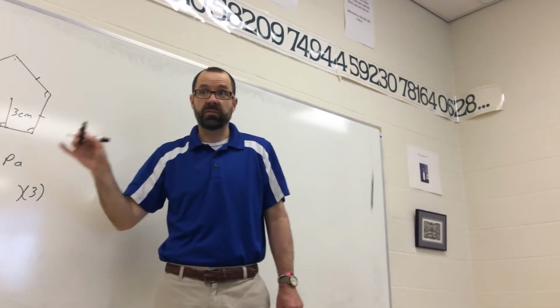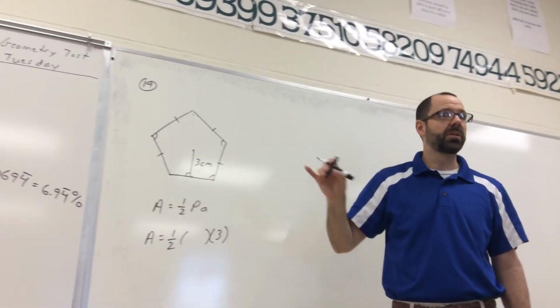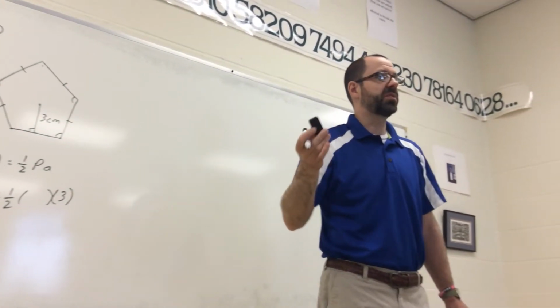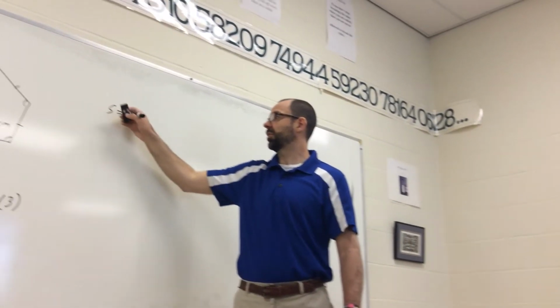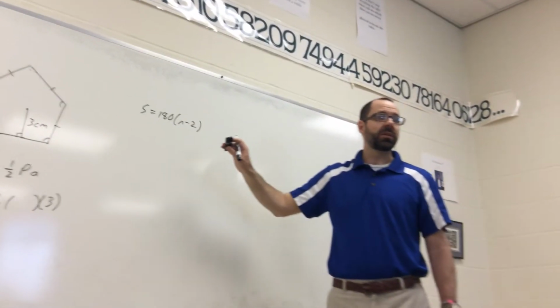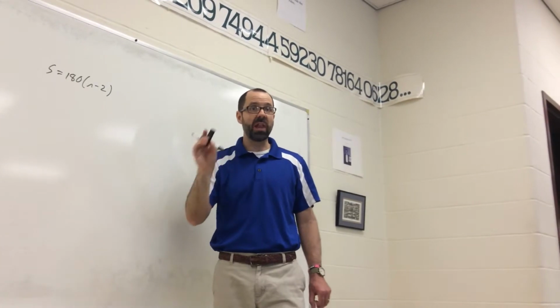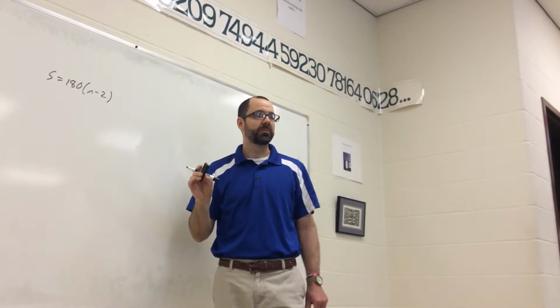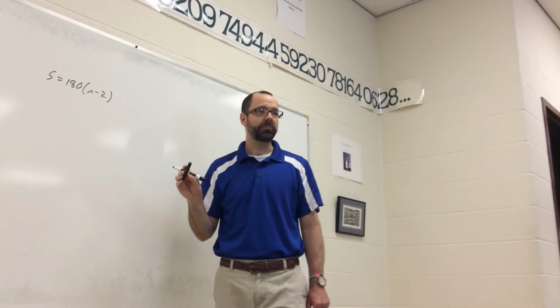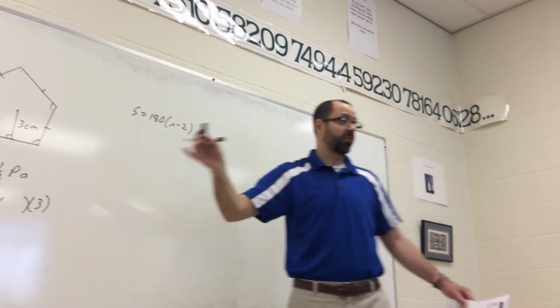So first, before I can figure that out, we're going to figure out how much all of those angles add up to. So there's a formula for how much the interior angles add up to. Awesome. So the formula 180 times n minus 2, that'll tell us what the interior angles all add up to. Now n stands for the number of sides, so it would work for any figure.